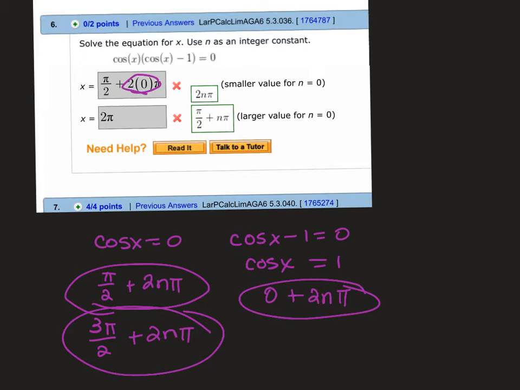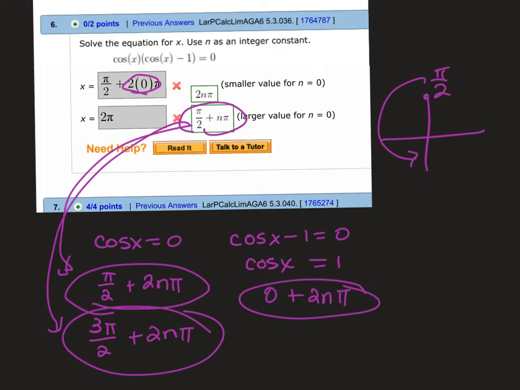Like the answer shows there plus n pi. Because this would be the same as writing both of these. Does that make sense? It happens every half circle there. So if I wrote n pi over 2 and I added 1 pi, I get 3 pi over 2.